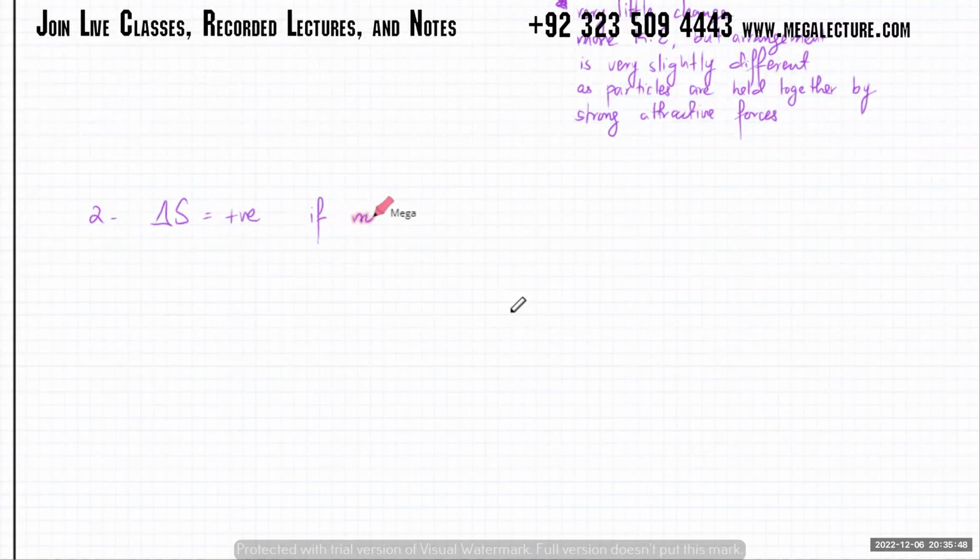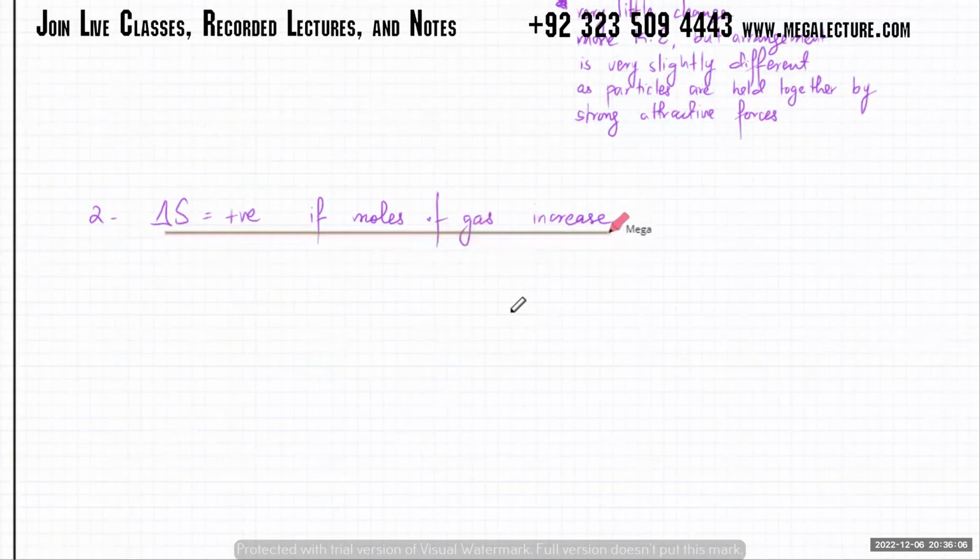So if moles of gas in a reaction increase, so for example, you've got this reaction, which is, you see calcium carbonate reacting with HCl and it produces what? It produces calcium chloride and water and carbon dioxide.